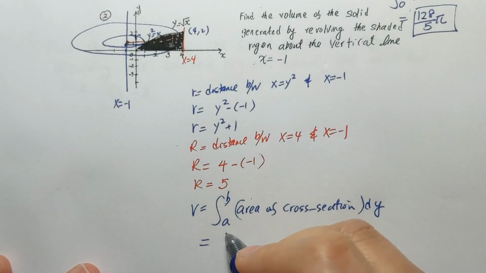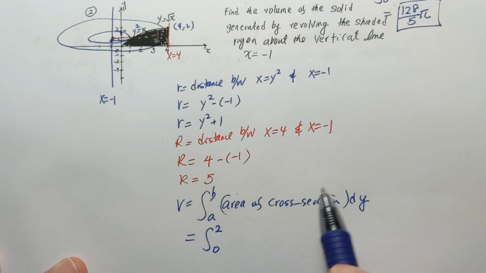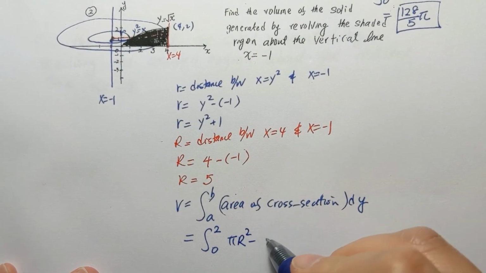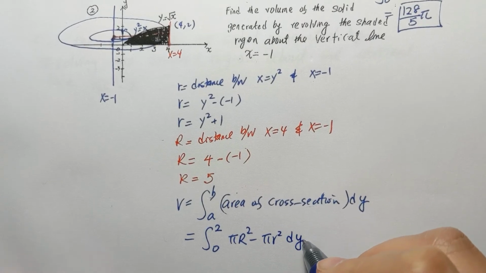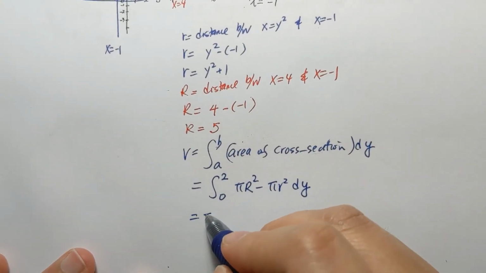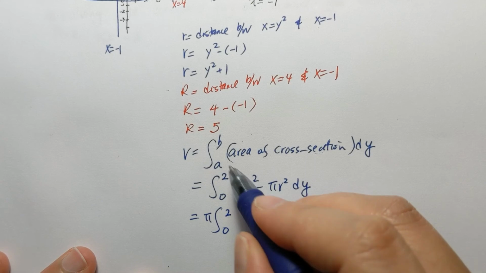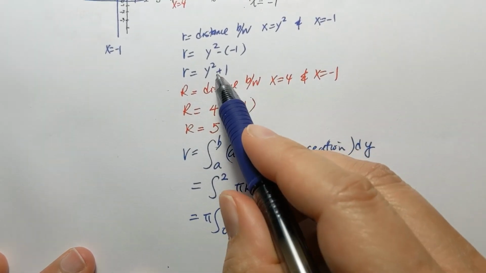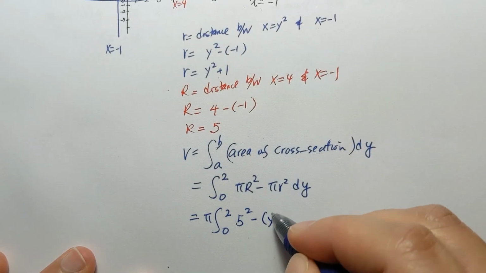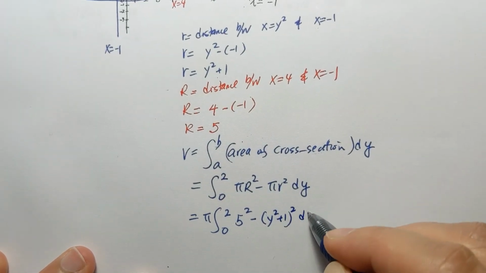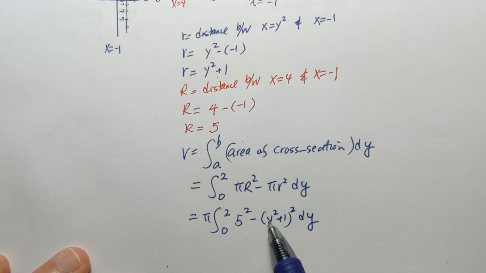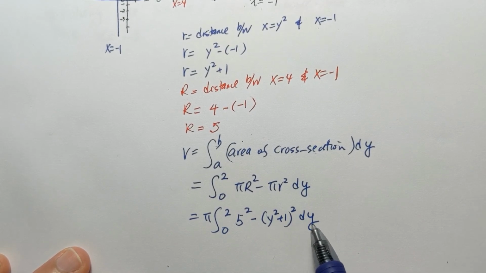So therefore you're going to get integral 0 to 2. The area of the cross section is still going to be pi big R squared minus pi small r squared dy. So we factor out the pi, and then the big R is 5, so you get 5 squared minus small r squared. Small r is y squared plus 1. So now we got 5 squared minus parentheses y squared plus 1 holding squared dy.